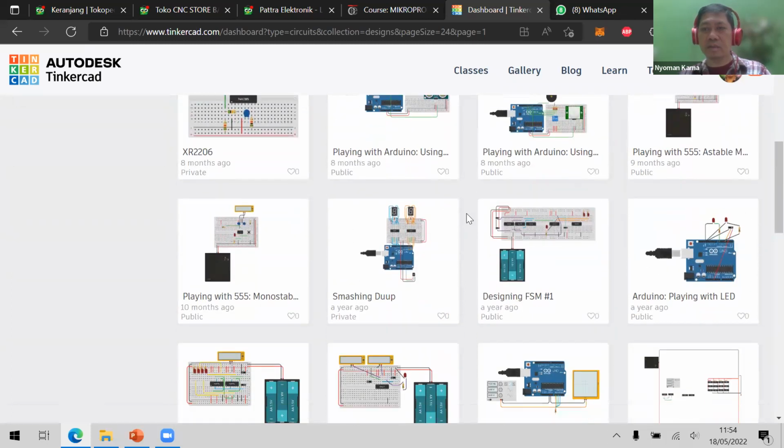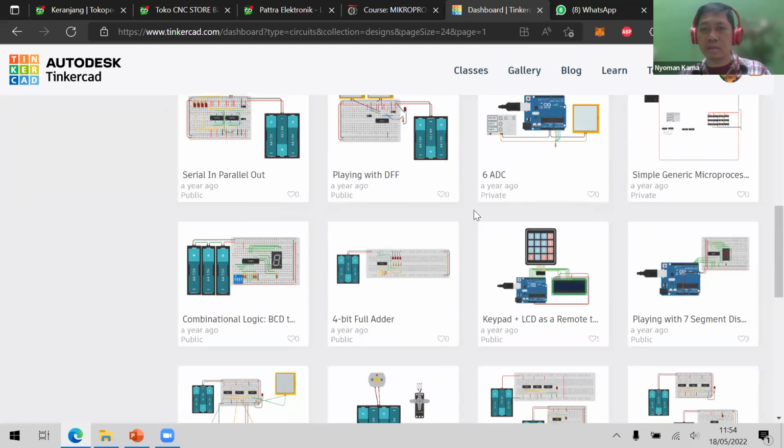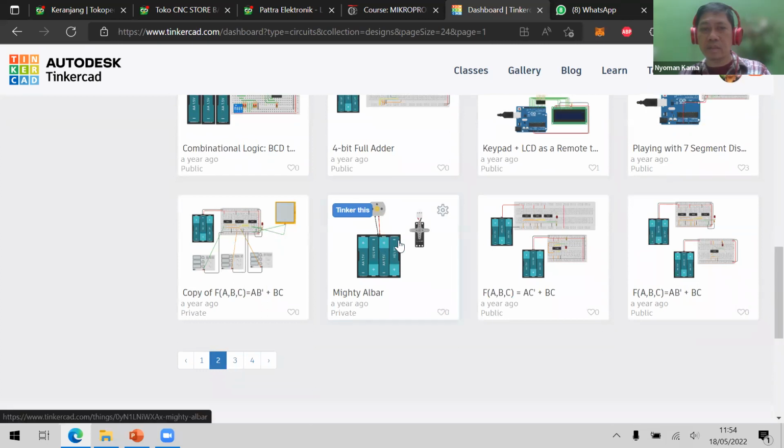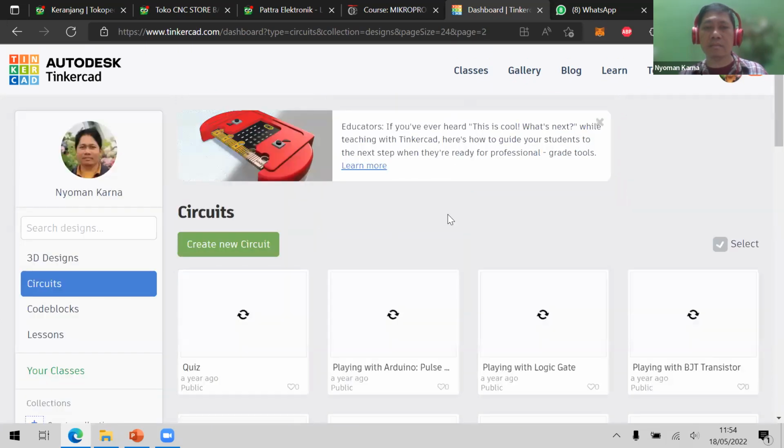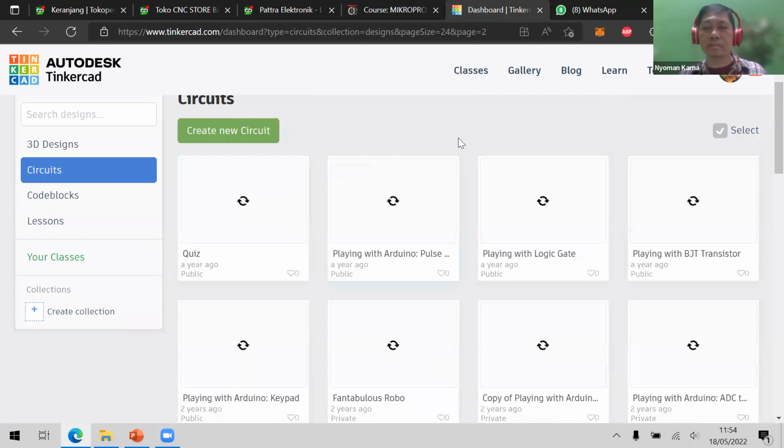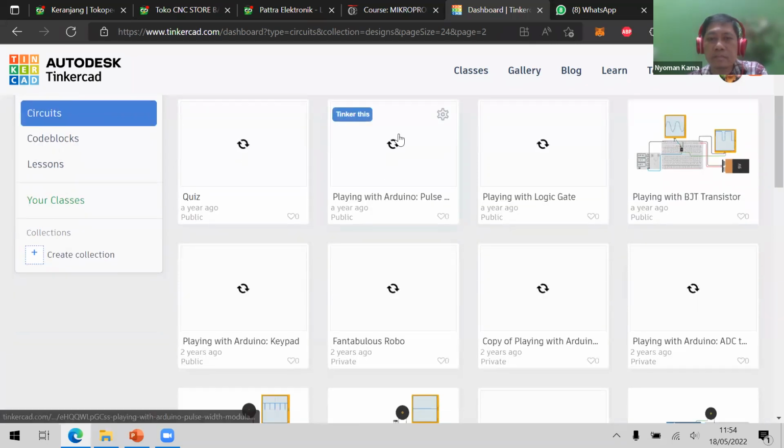Okay, where is the DC motor? Okay, this one. Okay, still loading.